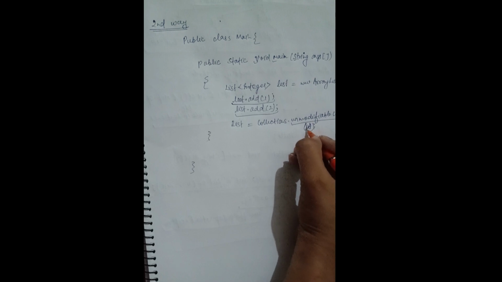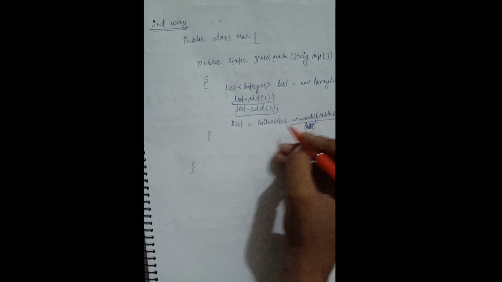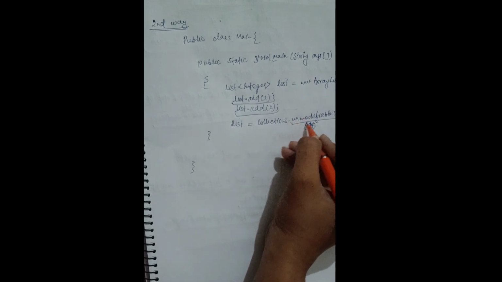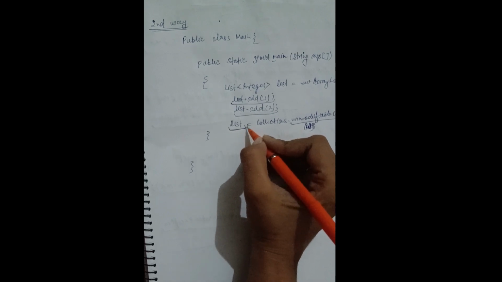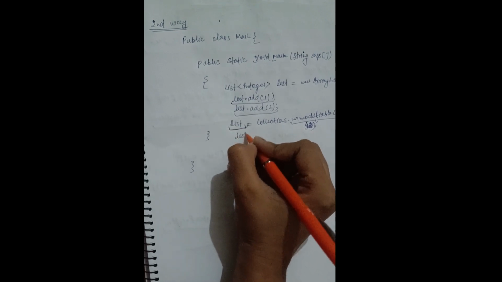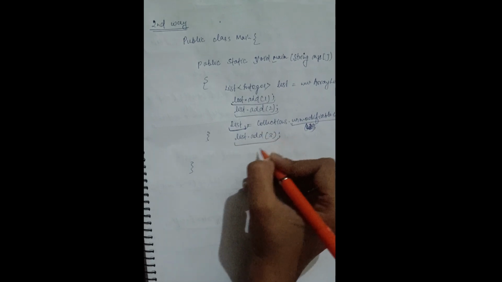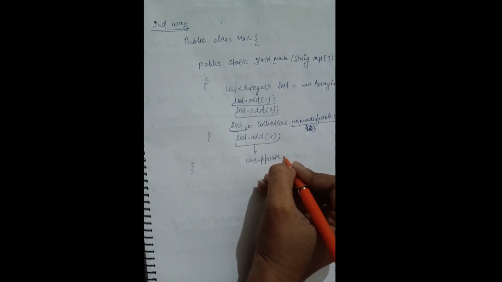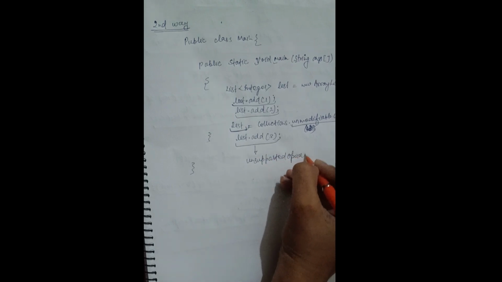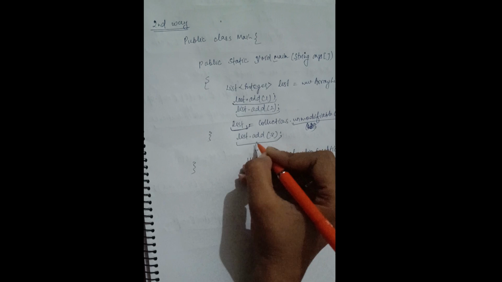Here we pass the list. After using this function, we create it as an unmodifiable list. So now if we try to add an element, this operation will give an exception, which is called UnsupportedOperationException. This exception is generated when we try this.